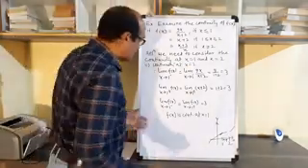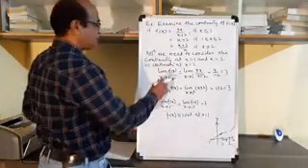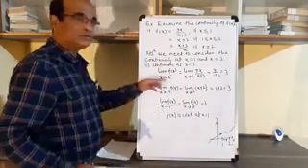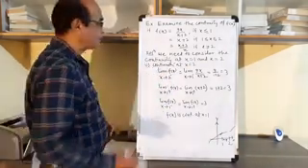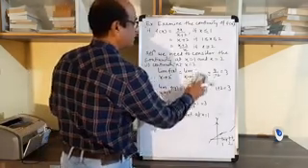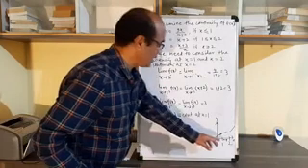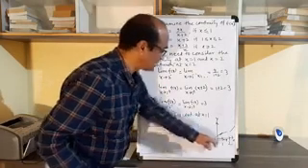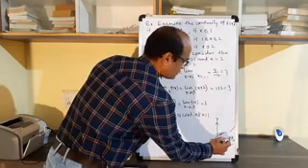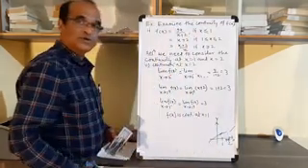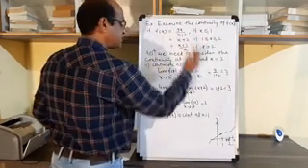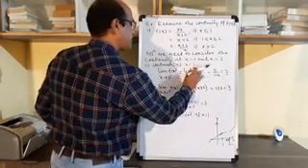We take first the left hand limit. x tends to 2 minus means left hand limit. The function will be what here? In between 1 and 2, that is x plus 2.